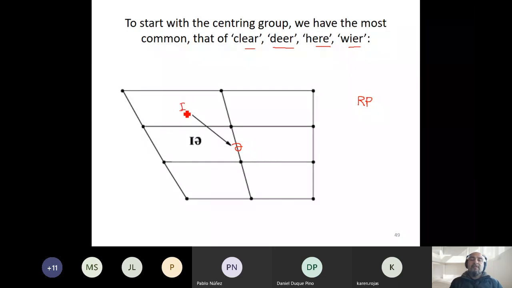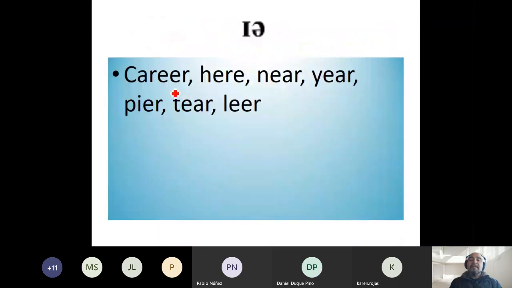I'm saying that if you are used to this, you can understand people that actually use this dialect. Some examples: career, here, near, year, peer, tier, lear. If you don't know the meaning of any of these words, dictionary.